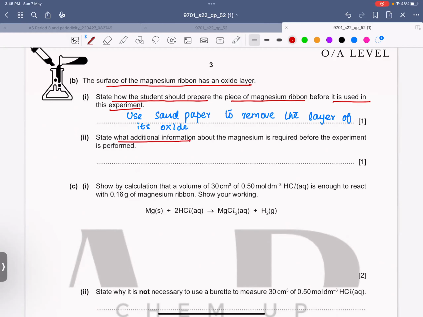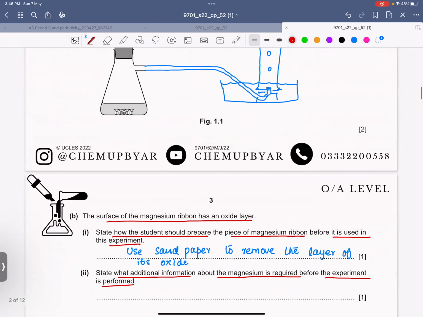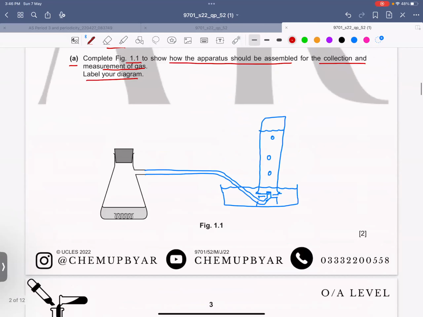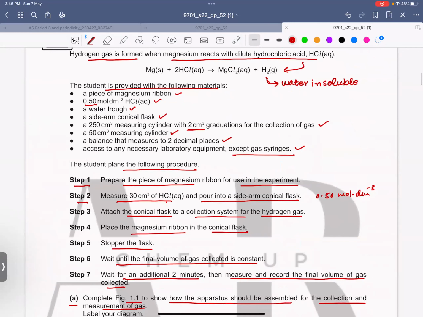Now, state what additional information about the magnesium is required before the experiment is performed. So see, something is missed. Can anybody recall and tell me what additional information is needed? Look at the method over here. Can anybody identify? Mass of magnesium. Yeah, very good.